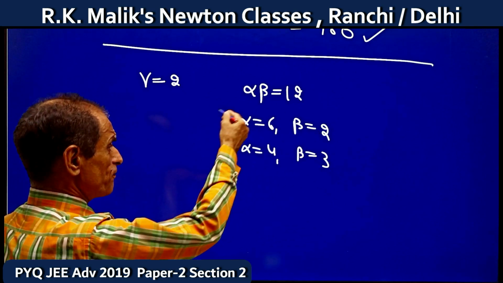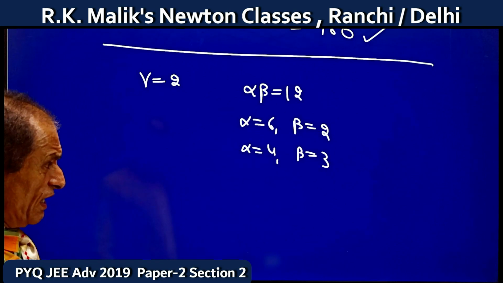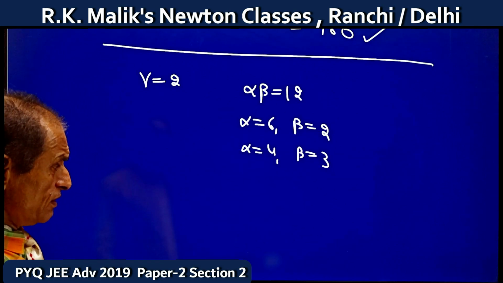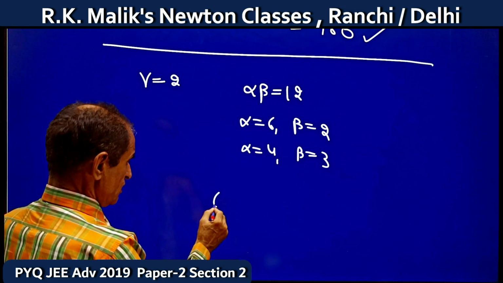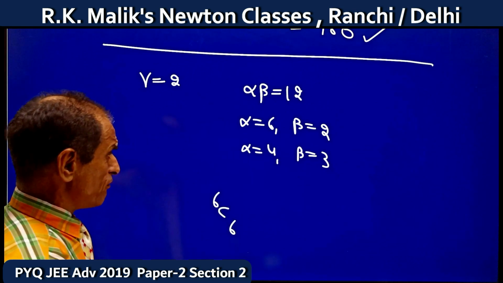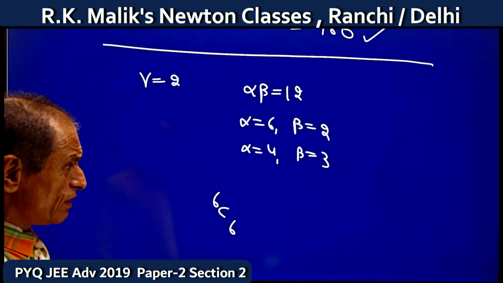And in this case, the number of ways in which the sets A and B can be made is 6C6, the number of ways in which the set A can be made.